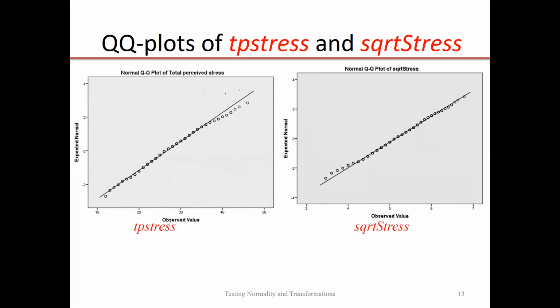Here we have some violation, indicating a violation of normality. As compared to this graph, these points are very close to the line. So this is more normal than this one. So we are suggesting that it is better to use the square root of stress as compared to the tpstress.